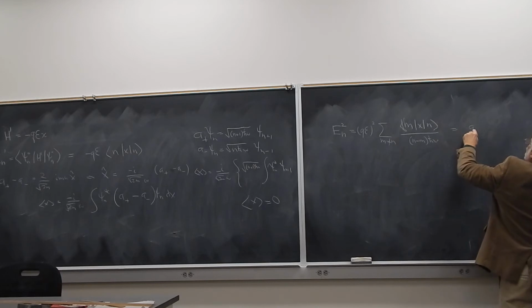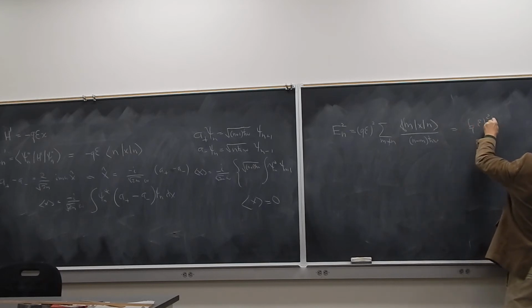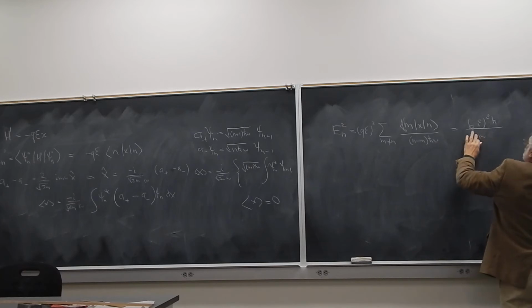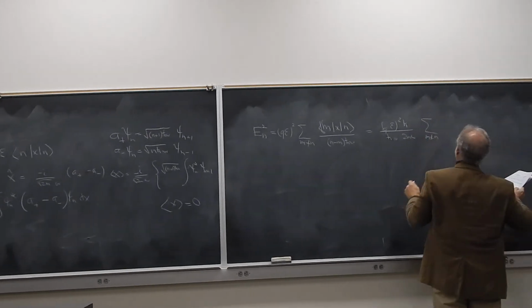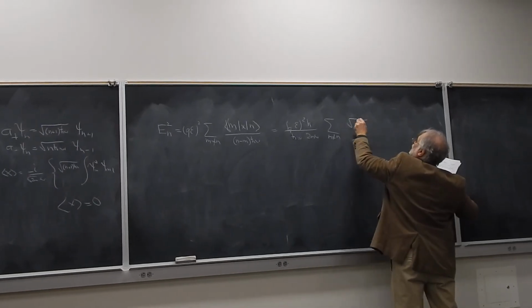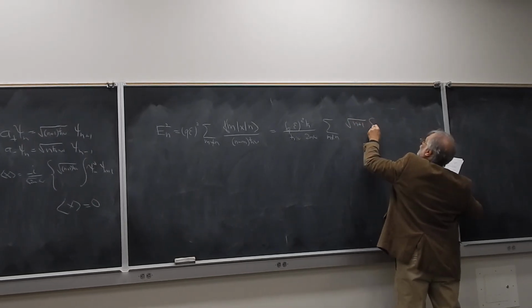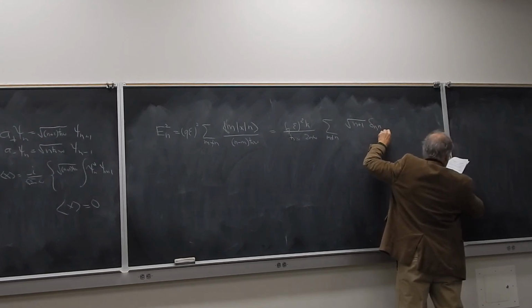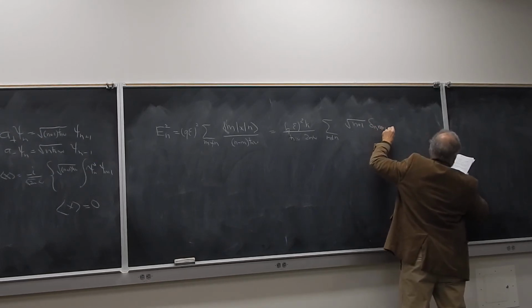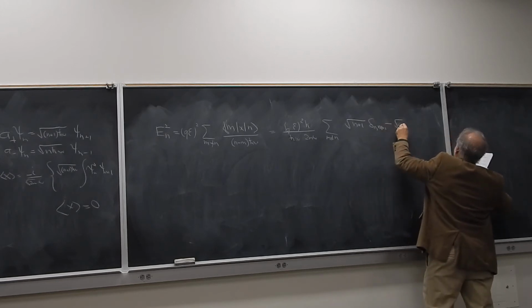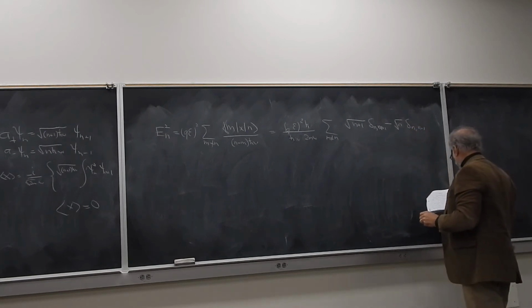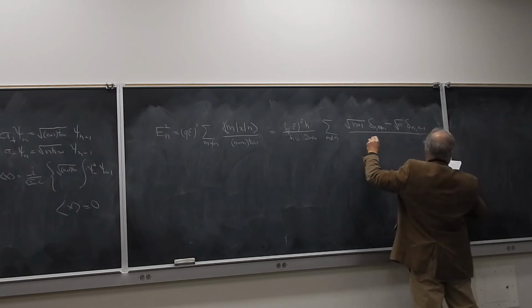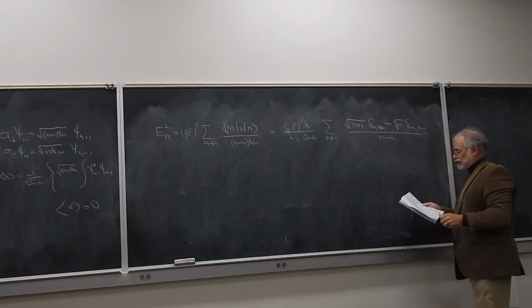Some algebra, we get QE quantity squared, h bar over m h bar omega times 2m omega, sum m not equal to n, square root n plus 1, Kronecker delta m, n plus 1, minus square root of n, Kronecker delta m, n minus 1, all divided by n minus m.